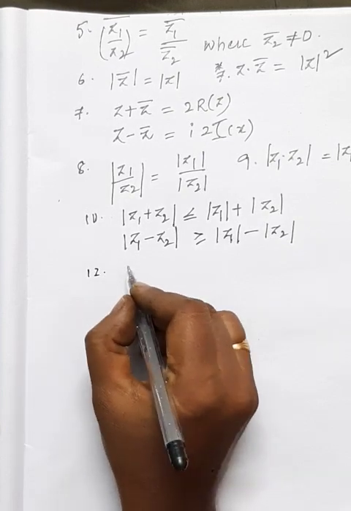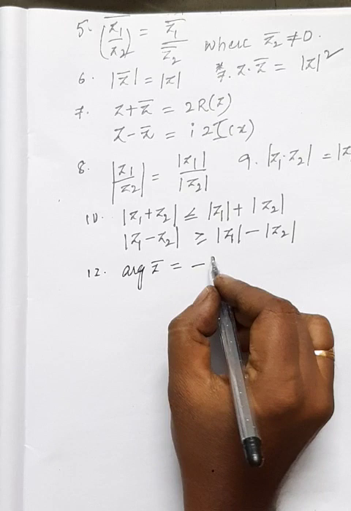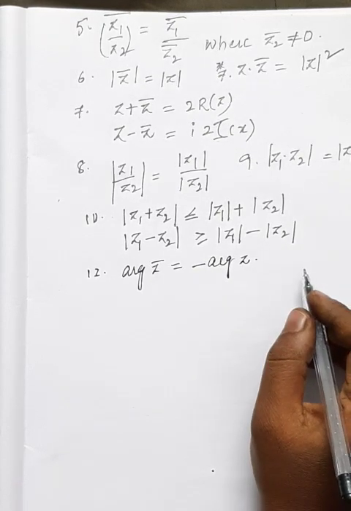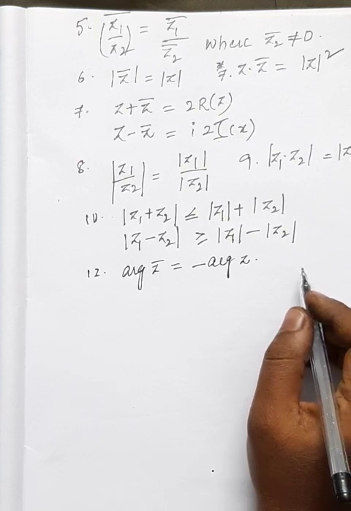12th one is argument of z bar is equal to minus argument of z. Argument or amplitude we can say. So amplitude of z bar is equal to minus amplitude of z.